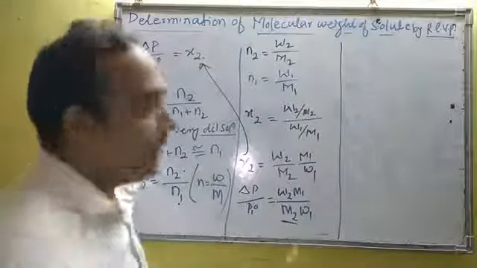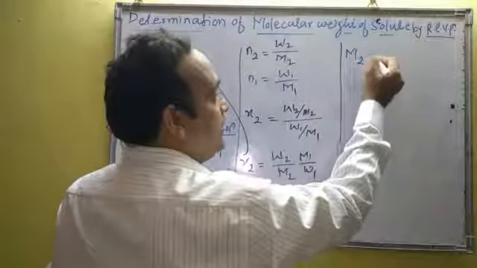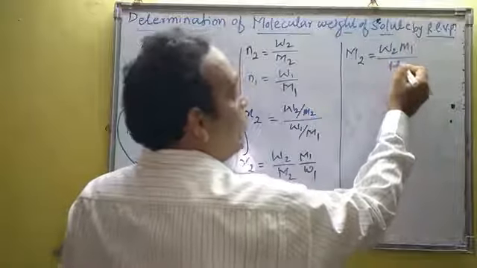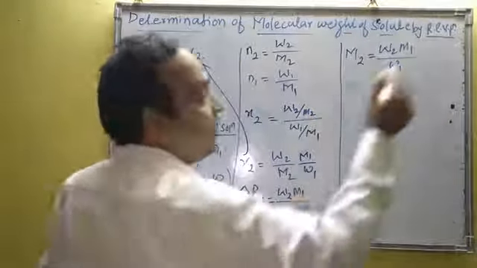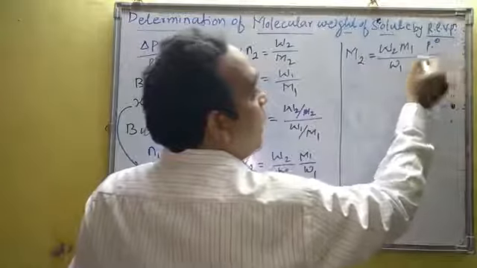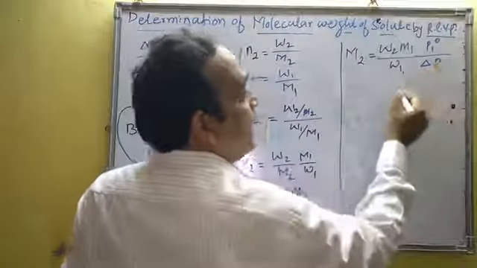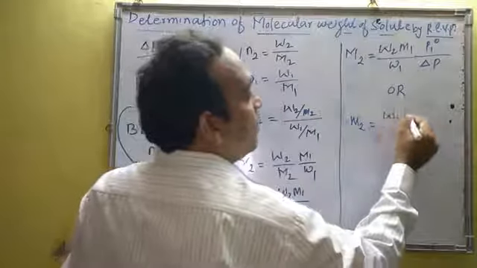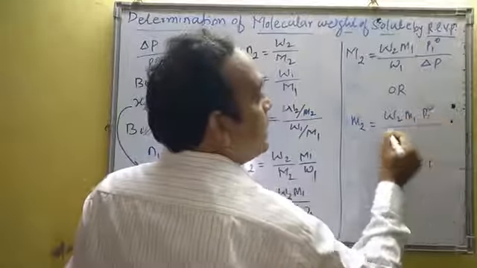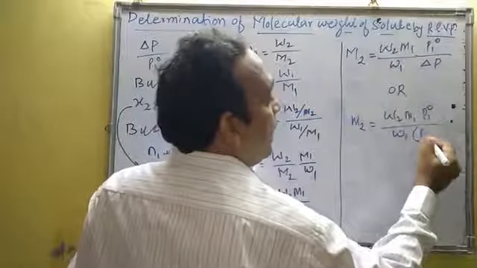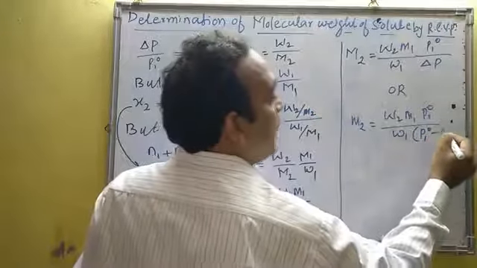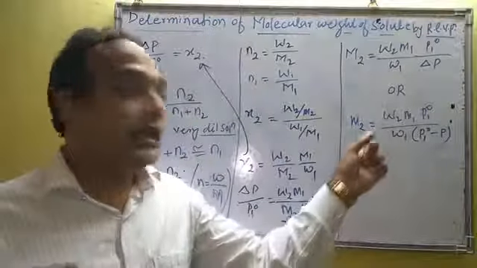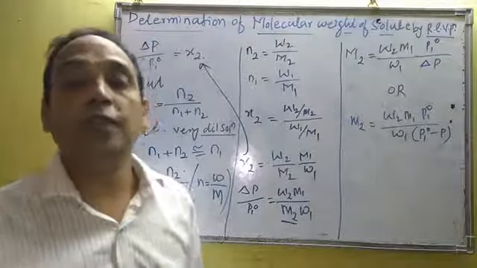After rearrangement, we will get M2 is equal to W2 M1 upon W1, shift here, we will get P10 upon delta P. Or we can write M2 is equal to W2 M1 P10 upon W1, and here delta P is P10 minus P. In this way we can find out the molecular weight of solute.